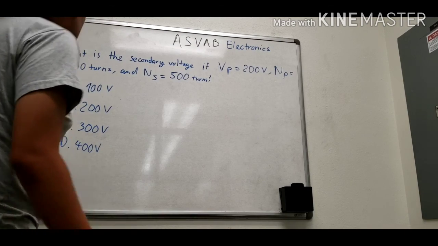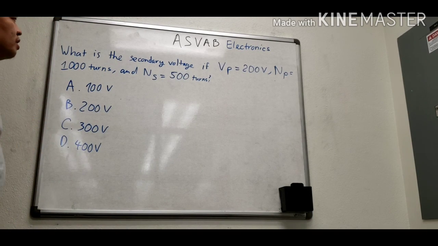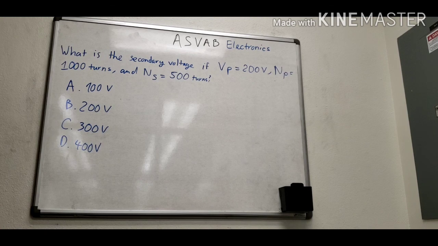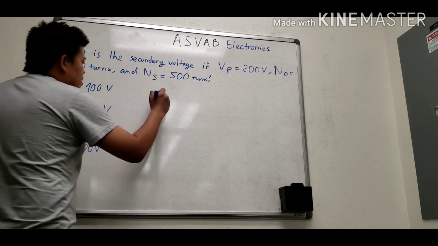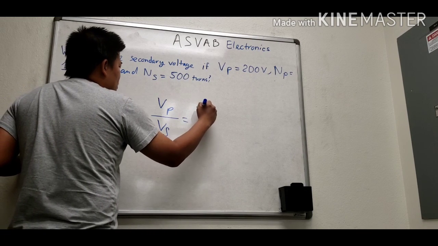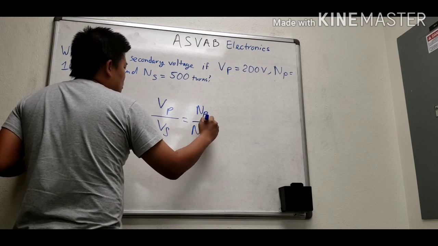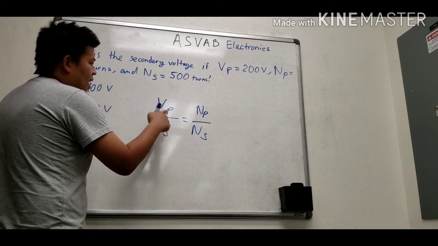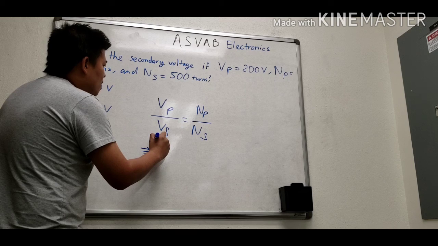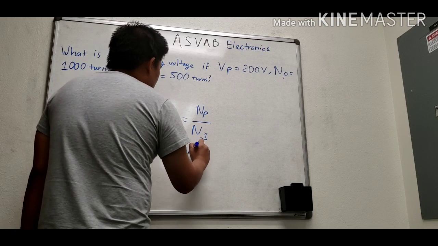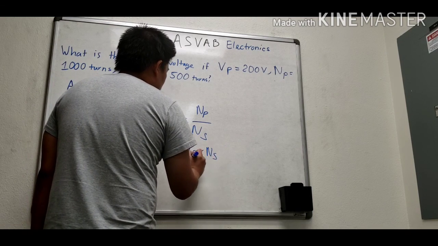On the real ASVAB, what is the secondary voltage if VP is 200 volts, NP is 1000 turns, and NS is 500 turns? So we have VP divided by VS equal to NP divided by NS. They ask about VS, so VS equals VP multiplied by NS divided by NP.